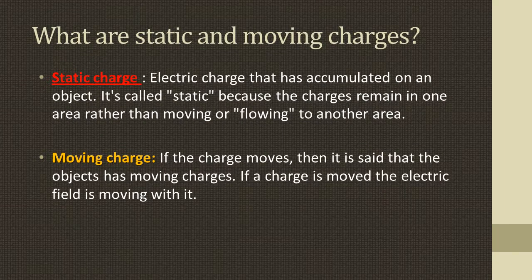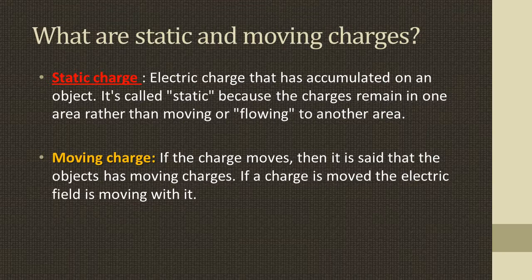Now students, here one question is there: what are static and moving charges? When all the atoms of an object acquire the electric charge, the object as a whole becomes electrically charged. So now let's see these two charges: static charge and moving charge. Static charge is electric charge that has accumulated on an object.